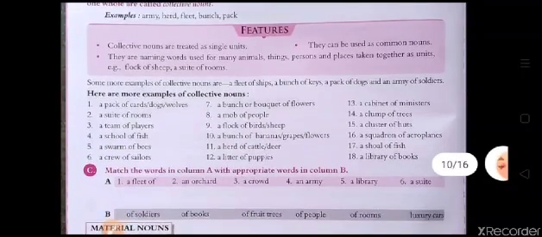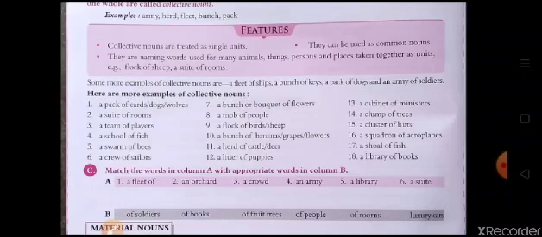Some more examples of collective nouns are a fleet of ships, a bunch of keys, a pack of dogs, and an army of soldiers.